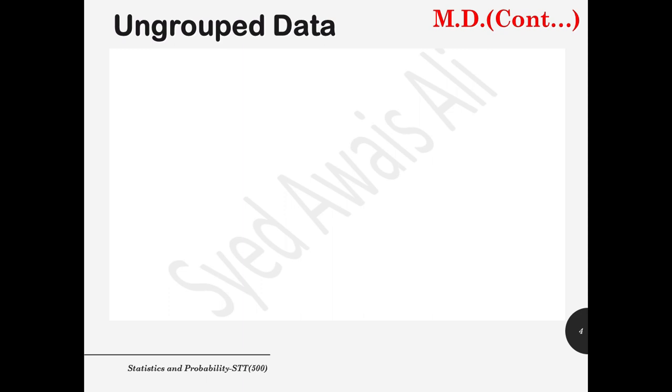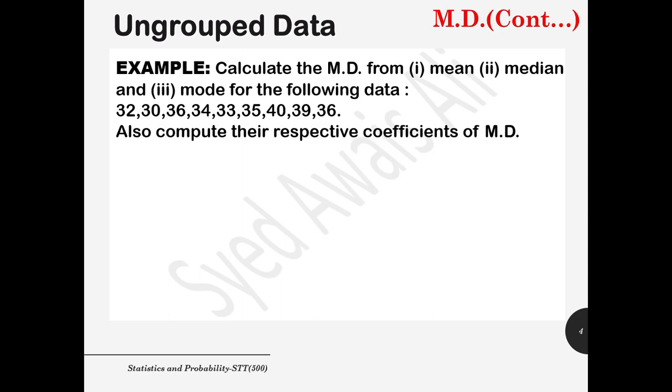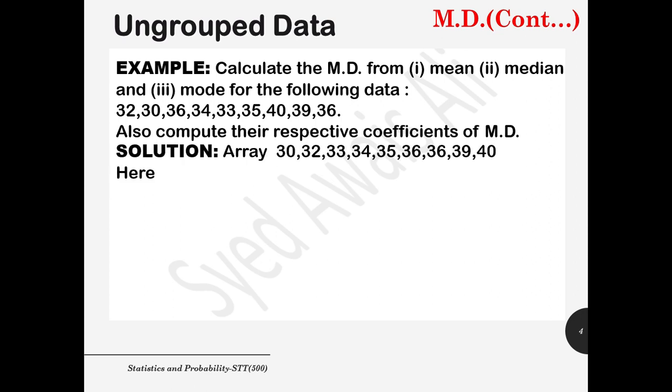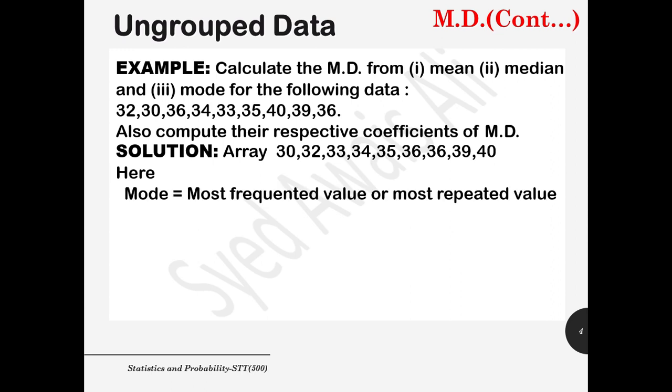First we have to discuss ungrouped data, how we will find mean deviation for ungrouped data. We have an example: calculate the mean deviation from mean, median and mode, where data is given, and then we have to compute their coefficient of mean deviation. First we have arranged this data, as we have to find the median.